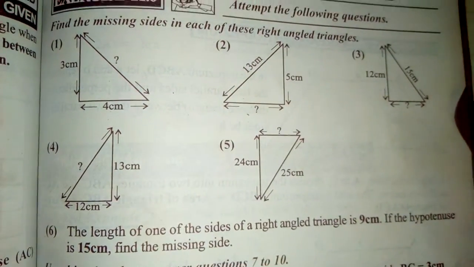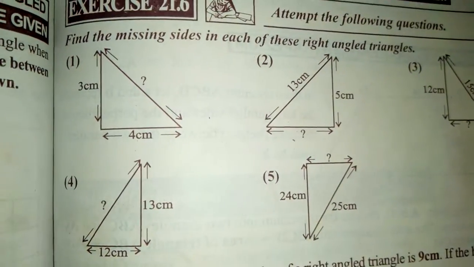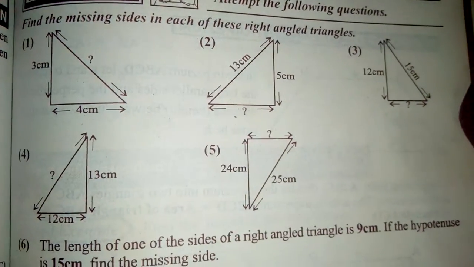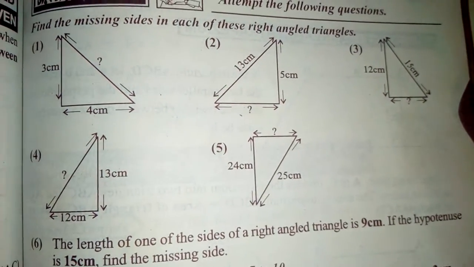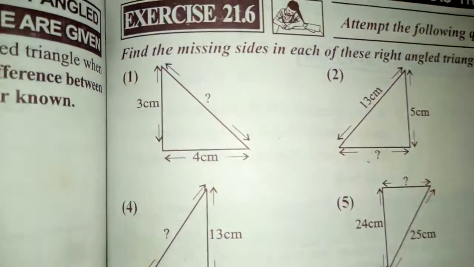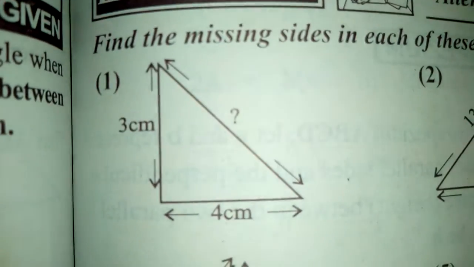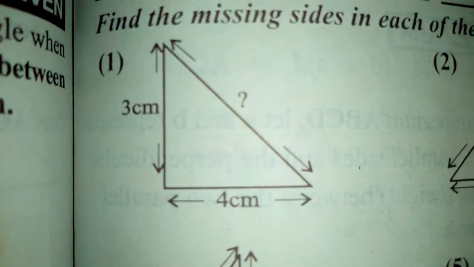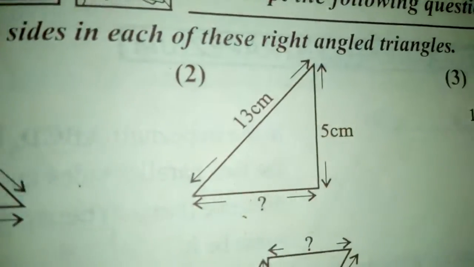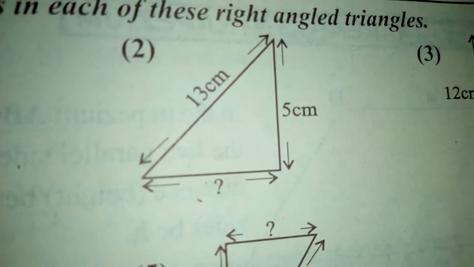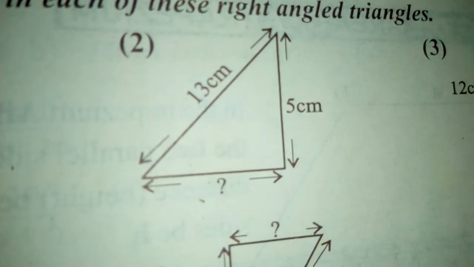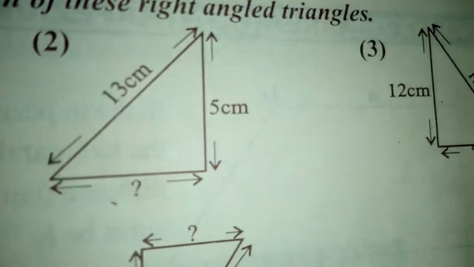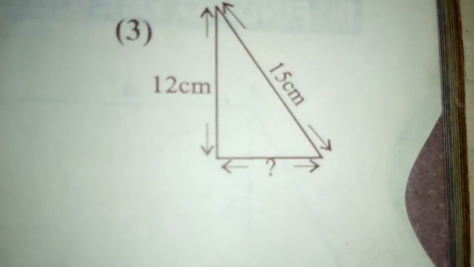Question 1, find the missing side of this right angle triangle. Question number 2, find the missing side of this right angle triangle. Question number 3, find the missing side of this right angle triangle.